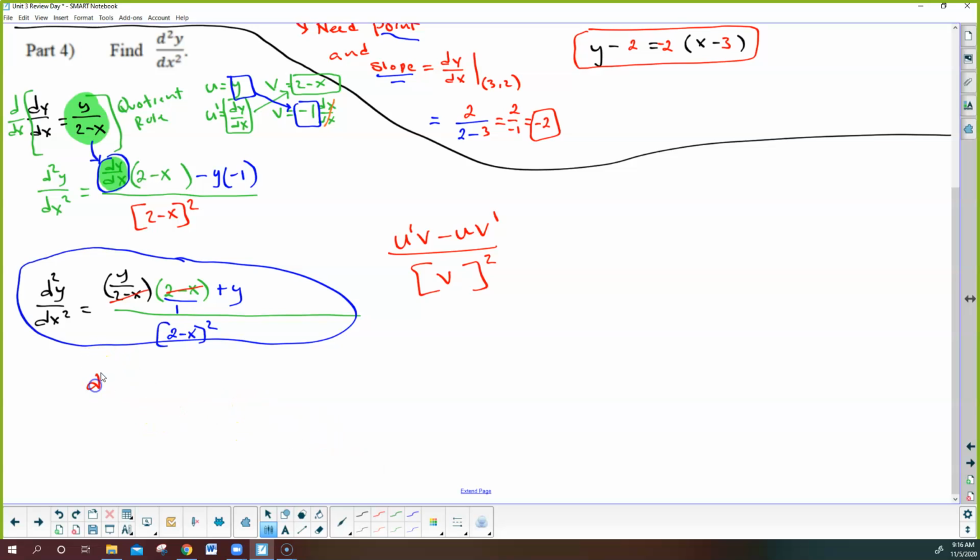So if this was a multiple choice question, it would most likely be written as a y plus another y, so it would be 2y over (2 minus x) squared. So there is some algebra that's actually quick to reduce, but if it's a free response question, stop right here. Don't go further than that.